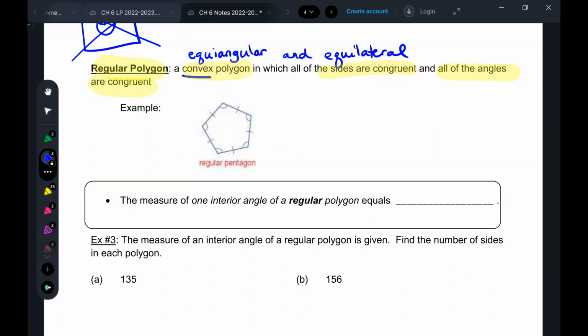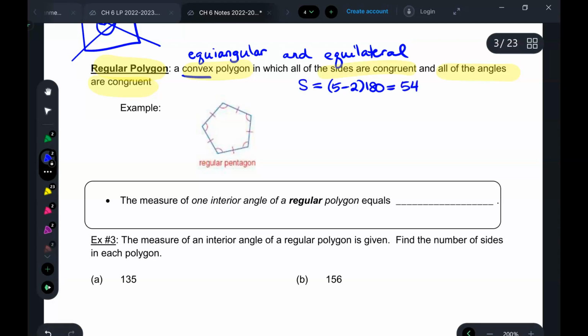So what would we do for a pentagon? 3 times 180. 5x equals whatever. So 5 minus 2 times 180 is the sum, which is 540.